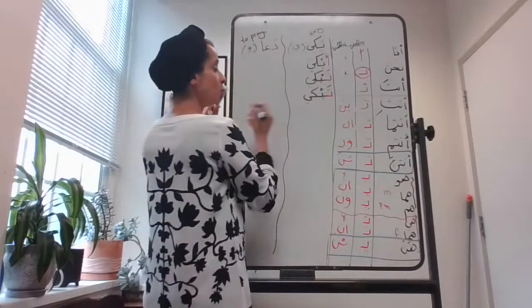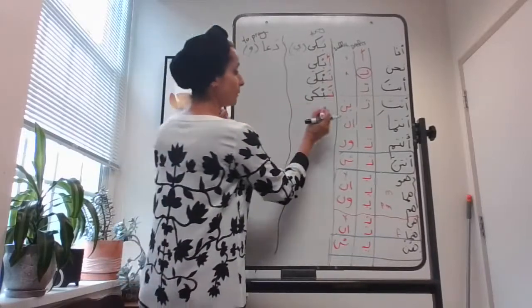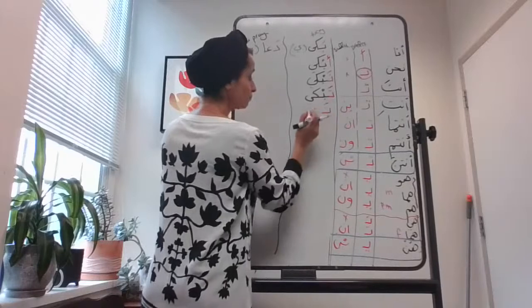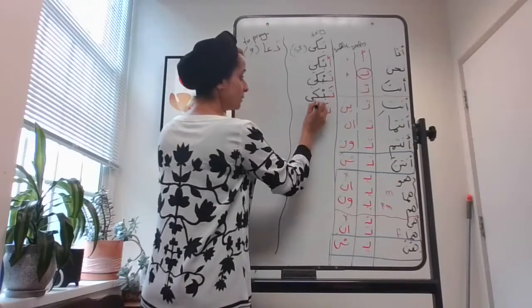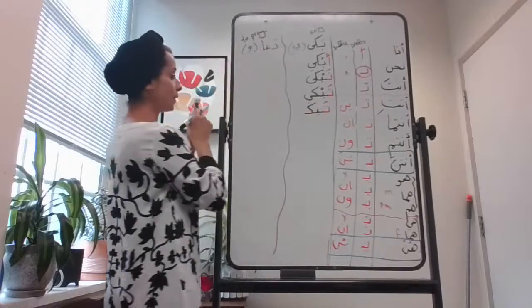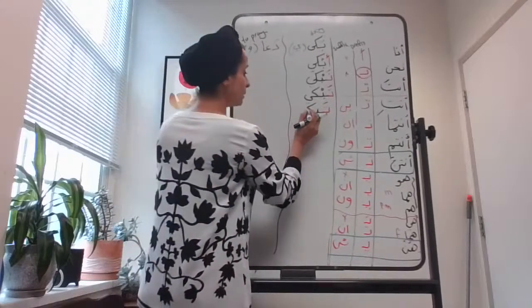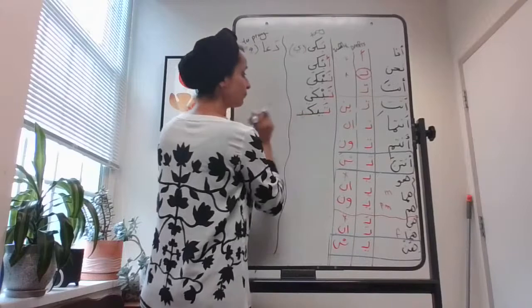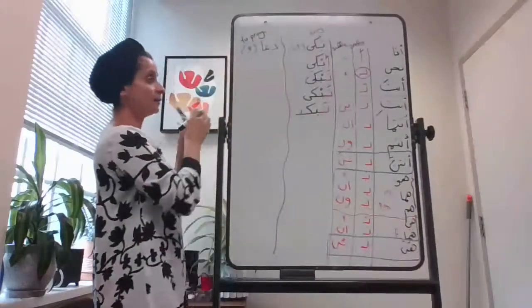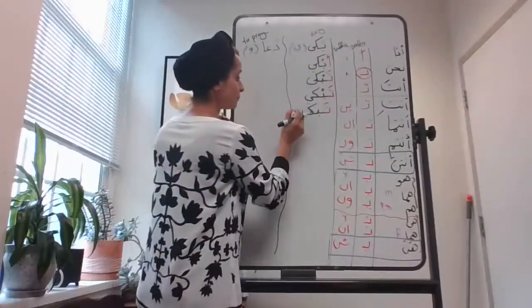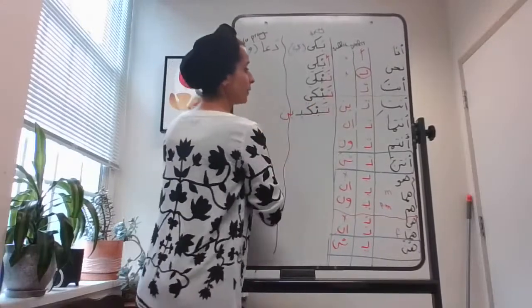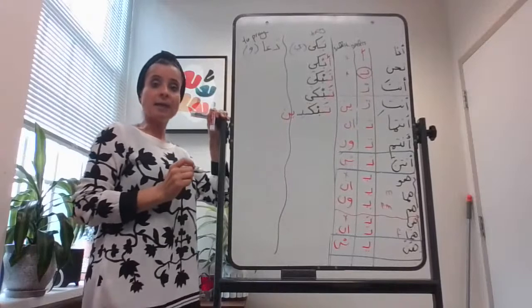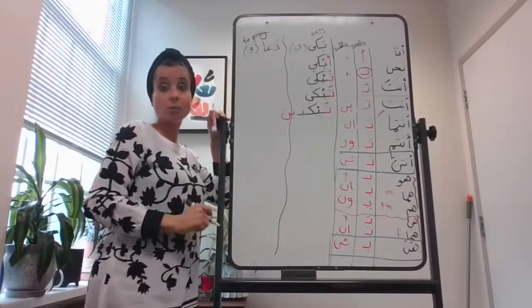With anti, we add the prefix ta. This is the first root, this is the second, and I'm going to write the third root in a different color. And then I have the suffix. تبكيين. That doesn't work.